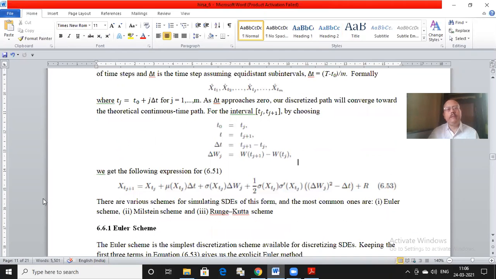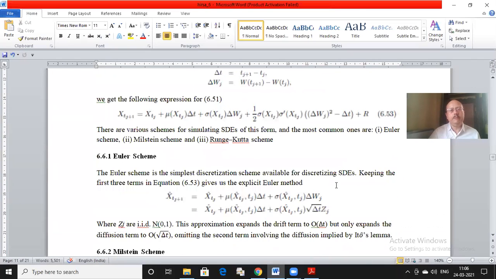We wrote it in a numerical form in 6.53, the same expression in a discretized form, but it still had the second derivative here. But in the Euler scheme, we ignore the second derivative term altogether to arrive at a more simplified but also less precise approximation. So is this clear?